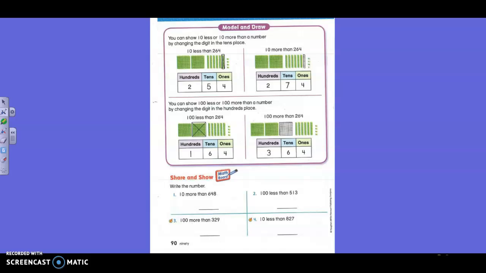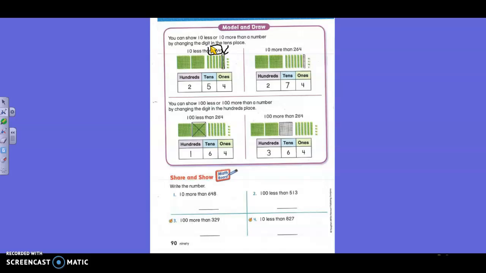Okay, but then they said they want to take away 10. They want 10 less. So you see right here, they crossed out a 10. You see that? How many 10s are left now, boys and girls?